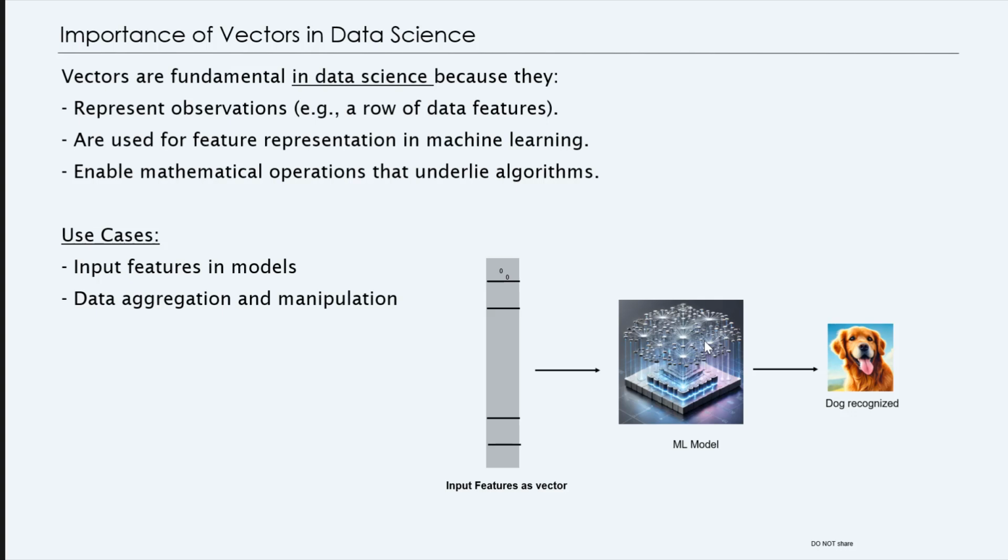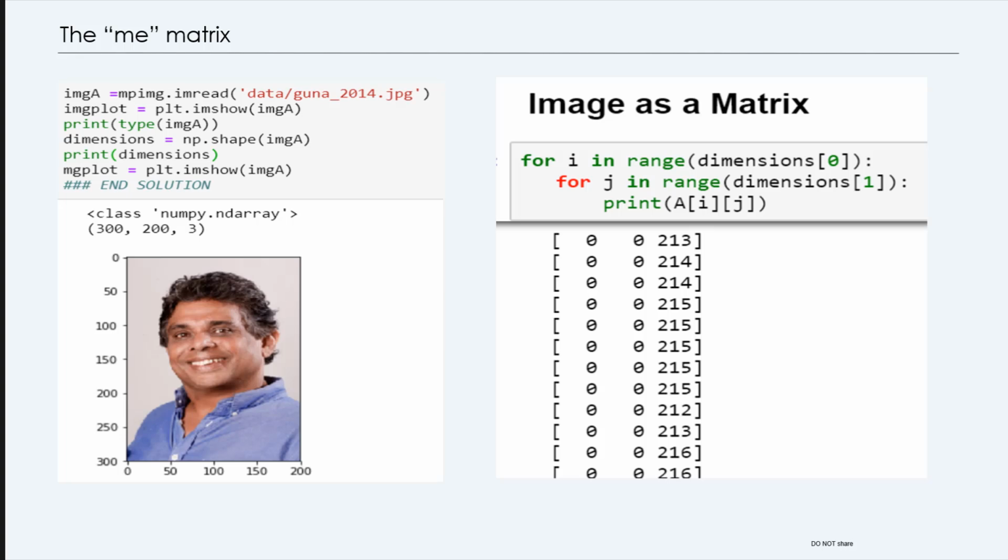Vectors are widely used in tasks such as input features and prediction models, data aggregation and manipulation. This makes them an important tool for data analysis and computational workflow. The ability to represent data and facilitate complex calculations underpins many advancements in modern data science.